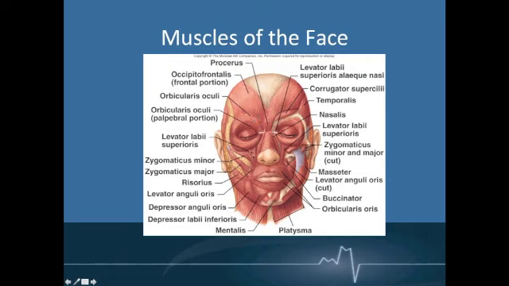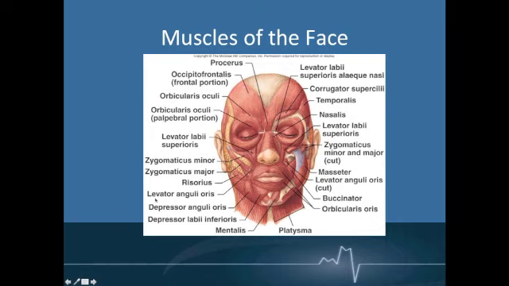Levator labii superioris. All of these muscles get their name based on their location or their actions. In this case, levator, lifter, labii, lips, superioris, superior, lifter of the upper lip. Then we have the zygomaticus, major and minor, risorius.